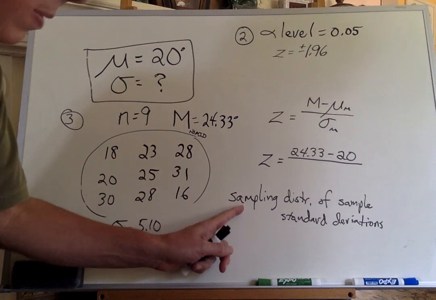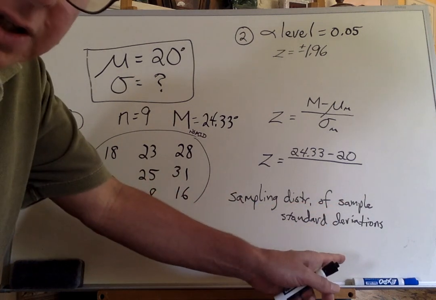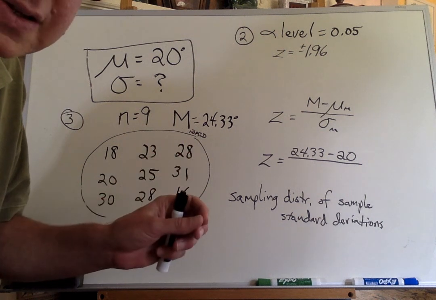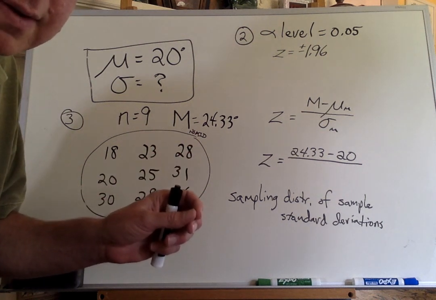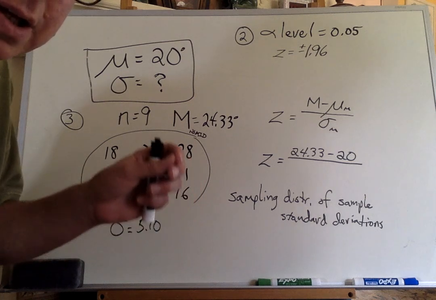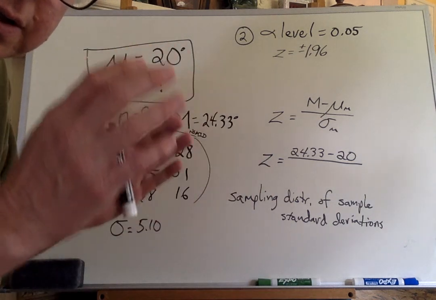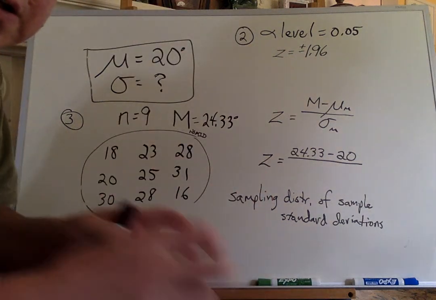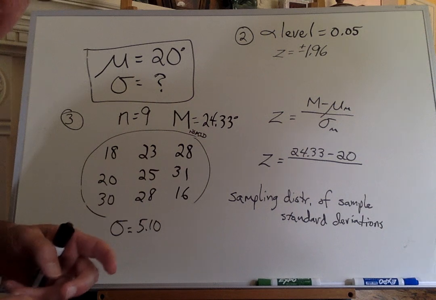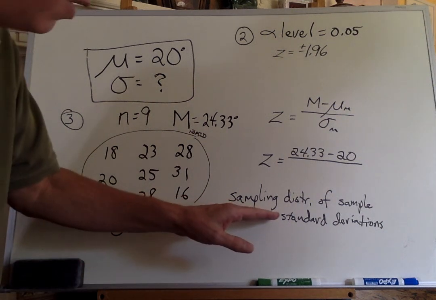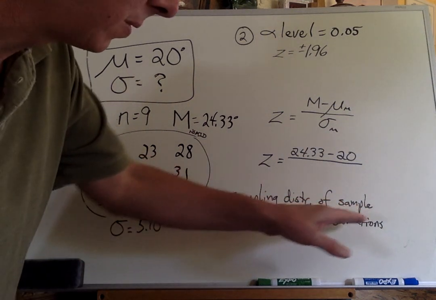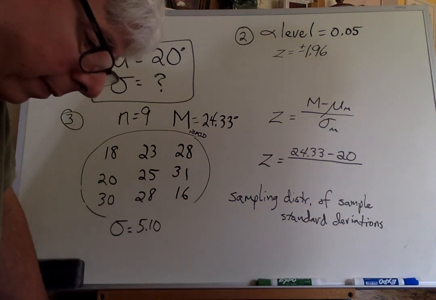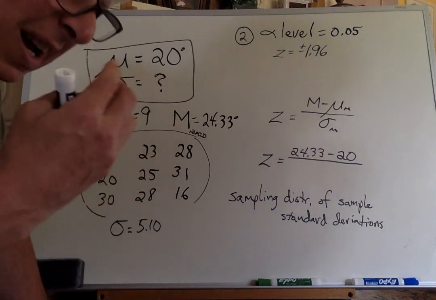So it becomes a sampling distribution of sample standard deviations rather than a sampling distribution of sample means. Take a minute. Go in, take a sample, calculate the standard deviation. That becomes 1 block in our distribution. Take out another sample, and another, and another. This is what we would call a sampling distribution of sample standard deviations. Can we picture that in our minds?